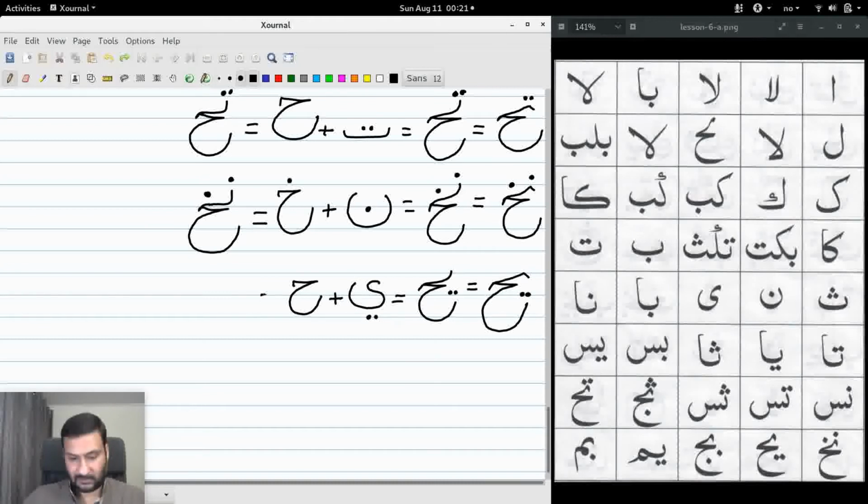Ya and ha. So this ya will always take this form when it's in the beginning of the word, and then it's a ha, so it's tilt down and ha. You can also make it like this. You can put these dots here as well.